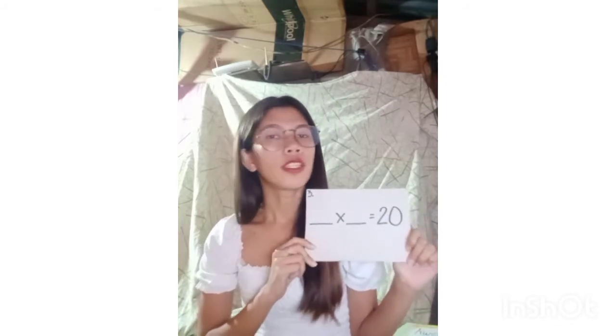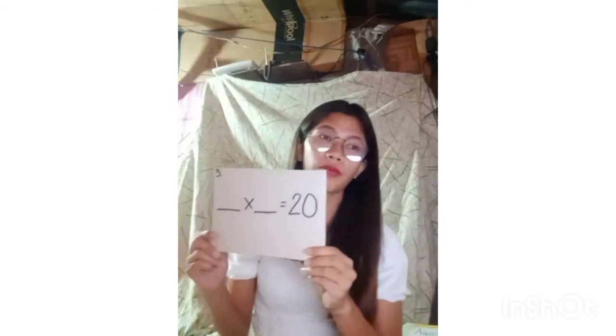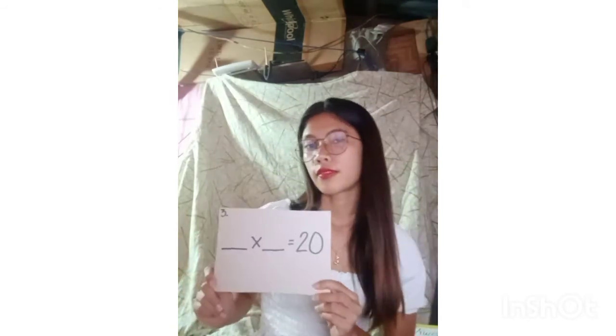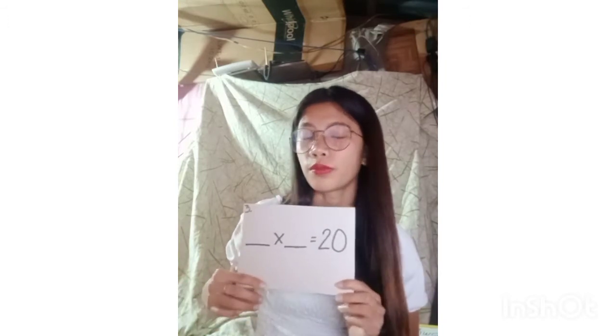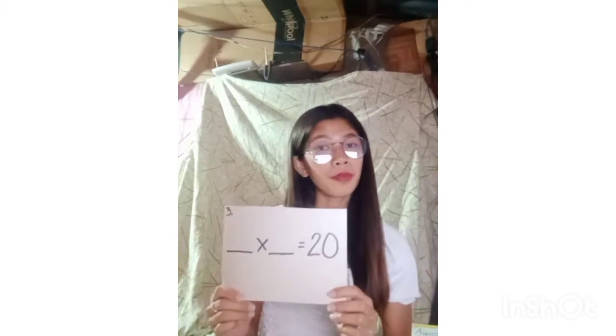Clap your hands for Jerome. And next is the last flashcard. Give me the number combination. Reyes, what is it? 2 times 10. Very good. Clap your hands.